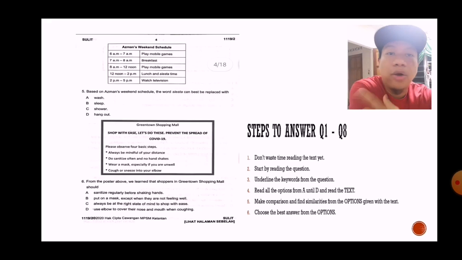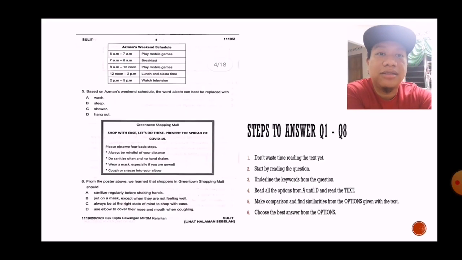Wow. Okay, so next, this is the clue given in the text. 12 noon, 12 tengah hari until 2 p.m. So lunch and siesta time. So after he plays games for 6 hours, he takes lunch, makan tengah hari, and siesta time for 2 hours.